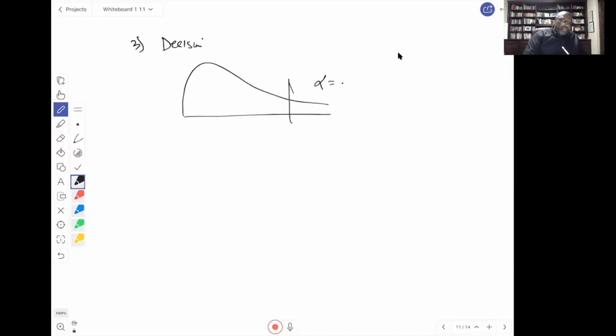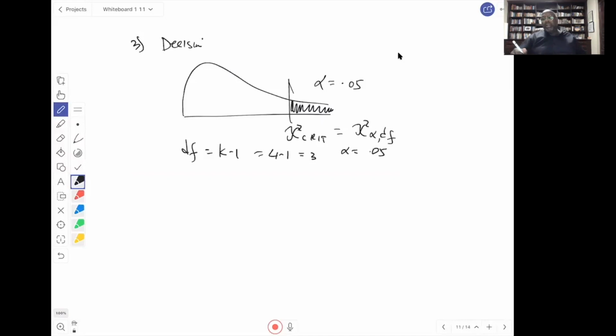So I believe this was 5%. And this is chi-squared critical. The same way we had Z critical or T critical, it is chi-squared alpha, degrees of freedom. So what's our degrees of freedom? DF is k minus 1, which is 4 minus 1, which is 3. Alpha is 5%. So we've got to look at chi-squared 0.05, 3.